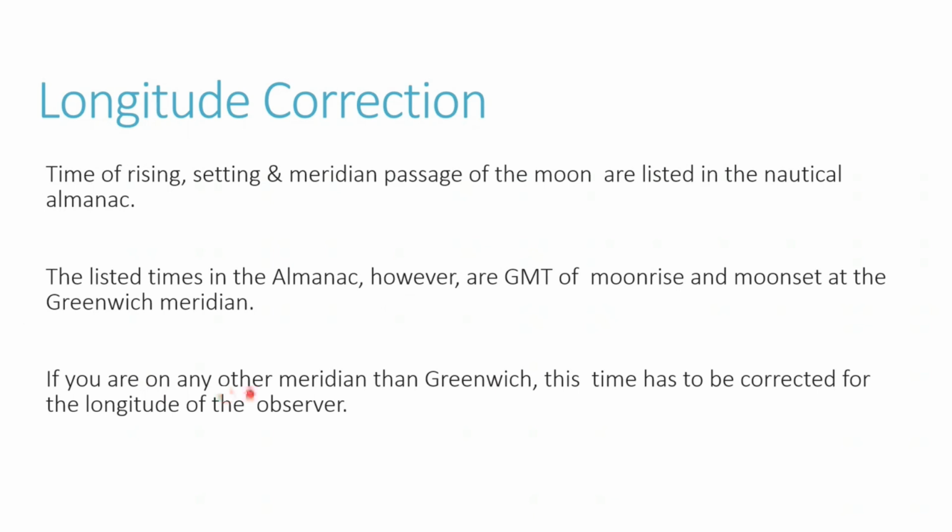If we are on any meridian other than Greenwich, then this time has to be corrected for the longitude of the observer. This is what we call the longitude correction. It is based on the longitude of the observer.